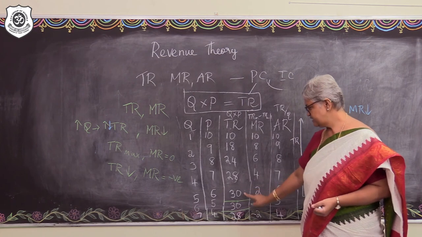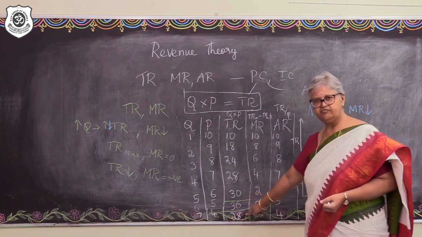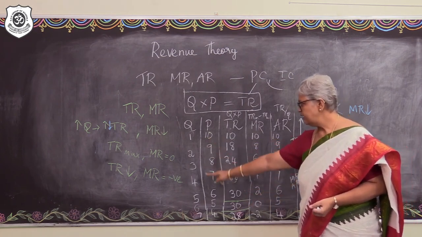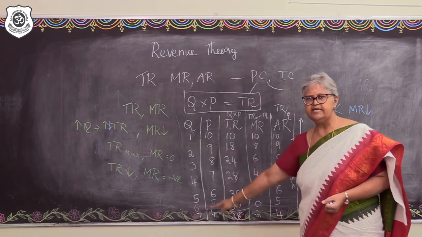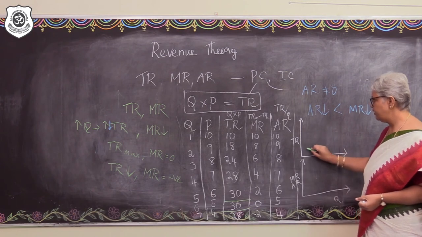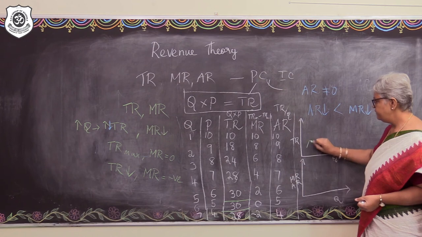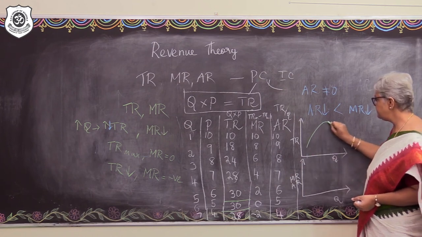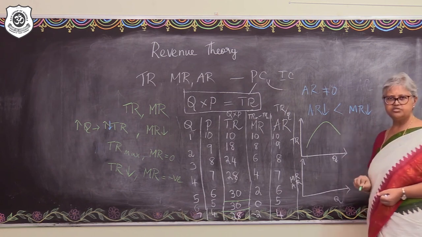So the total revenue increases, becomes maximum, and then it falls, as the units of output continuously increase. If you show this behavior of the total revenue, then starting from the first unit of output, the total revenue increases, attains maximum, and then falls.